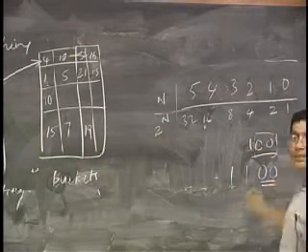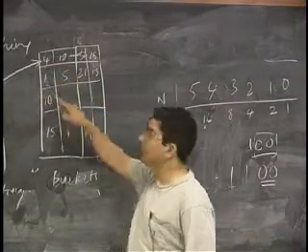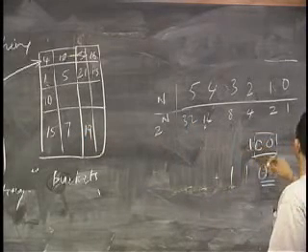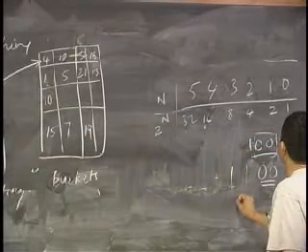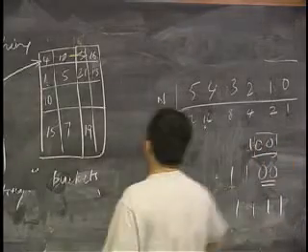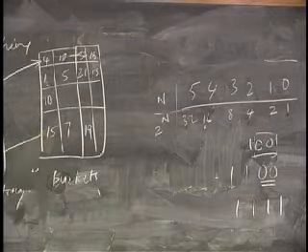So the last 2 digits are 0, 0, so it maps here. Same for the rest. Say if we take 15, 15 would be 1, 1, 1, 1. These last 2 digits, and so 15 is going to map here.